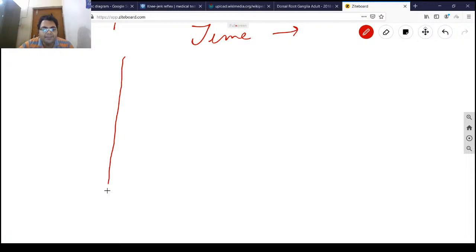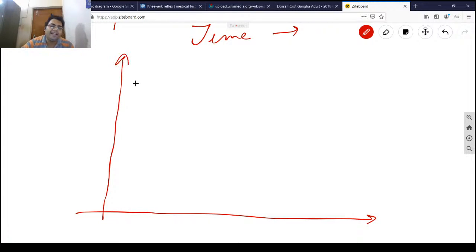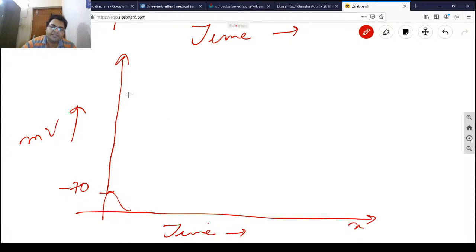But a neurotransmitter like gamma aminobutyric acid, which causes sleep, can cause hyperpolarization like this. It is already at minus 70 millivolt. This is time on the x-axis, and this is the y-axis.